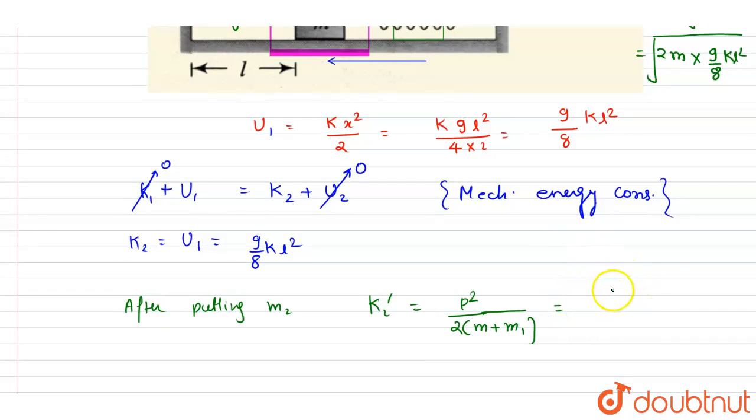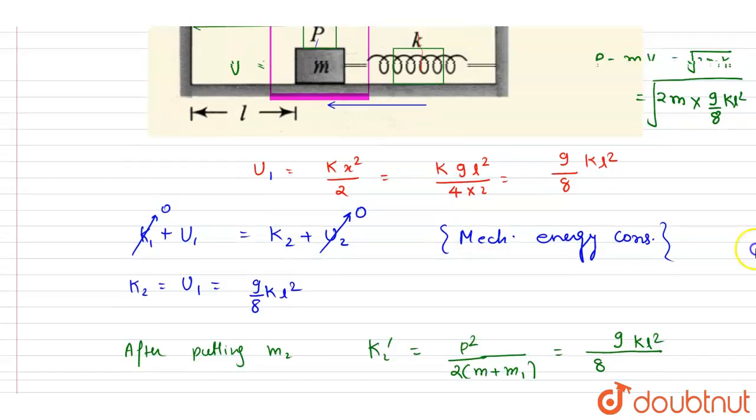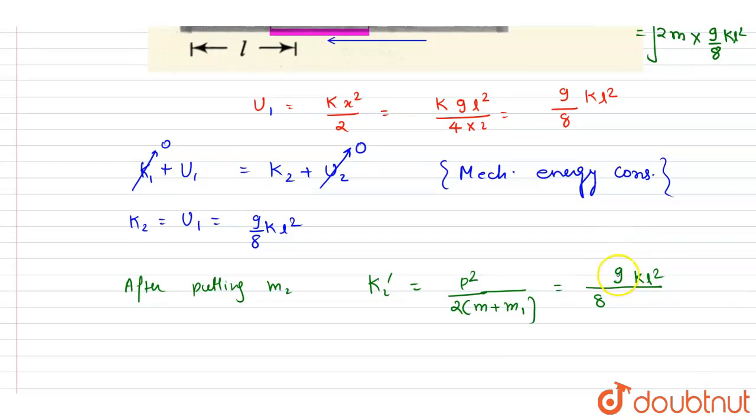The 2 and 2 will get cancelled out, leaving 9/8 KL squared, and here I write m by m plus m1. This is the kinetic energy after keeping the m1 mass on it. It is just multiplied by m by m plus m1.